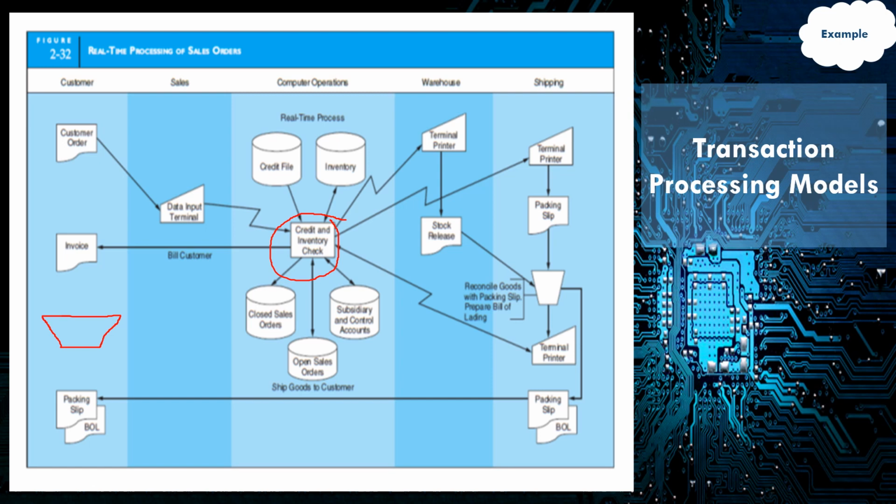This one represents the manual process, and this one is the automated process. Okay, so you can see many transactions or many activities within the recording of the transaction happening in real time.